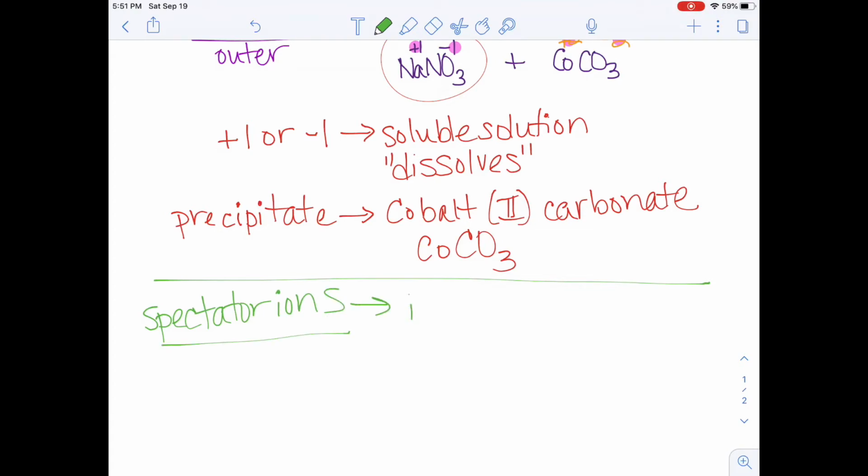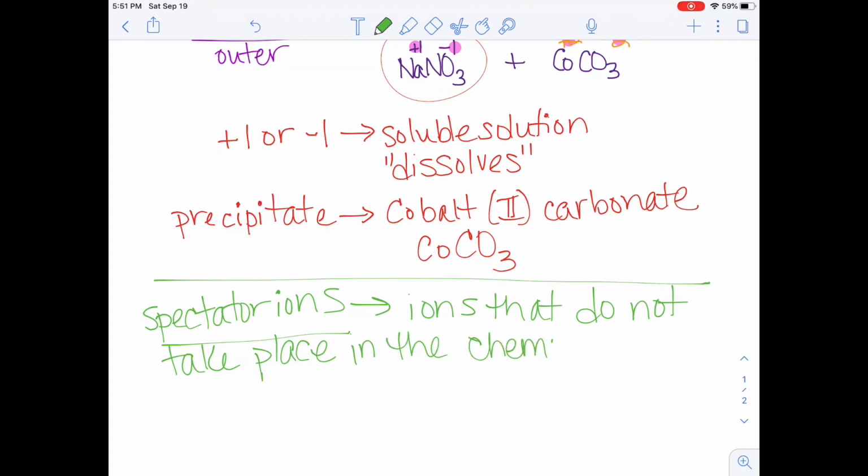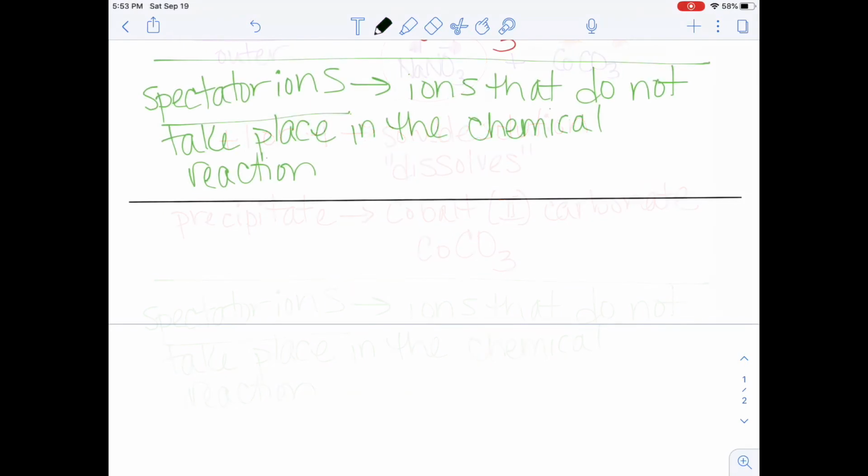A spectator ion is an ion that does not take part in the reaction. Therefore, they are found in solution before and after the chemical reaction. Similar to spectators in a basketball game or football game, they're the ones cheering everyone on, however, they're not a part of the action or the tackle.